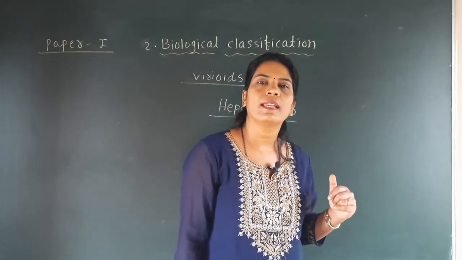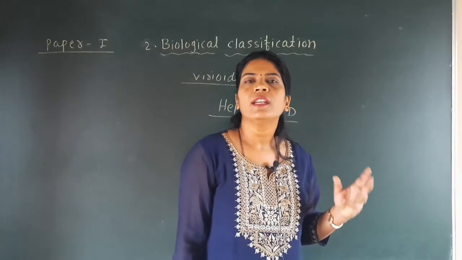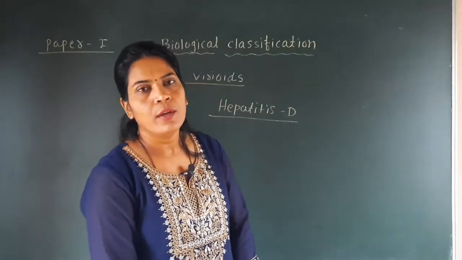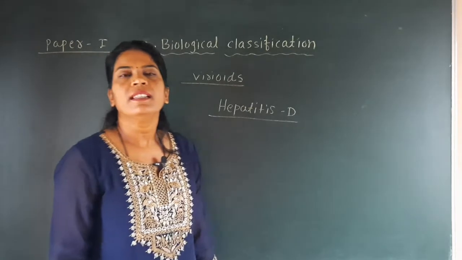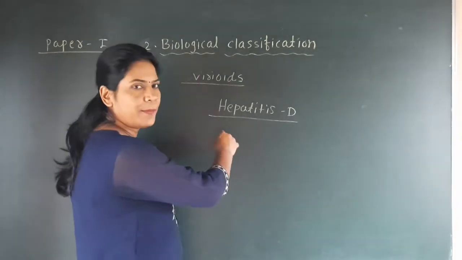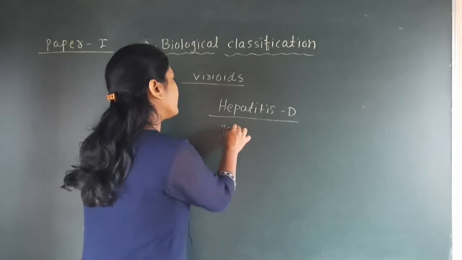The second important thing is that these viroids, even though they have the genetic material in the form of RNA, which is of low molecular weight, the genetic material does not code for any protein.